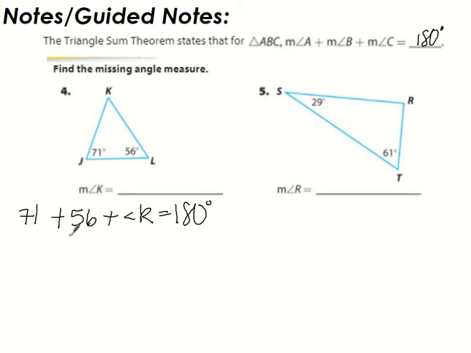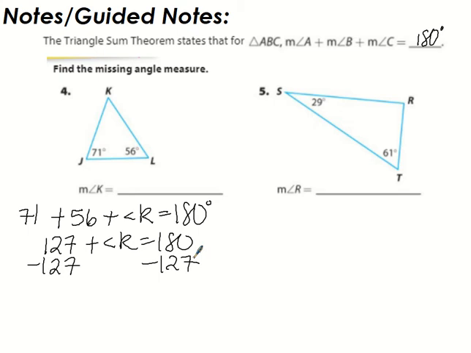You can subtract and then subtract, or the way I like to do it is to take the two measurements, add them together: 127 plus angle K equals 180. Then I'm going to subtract 127 from 180, and I get angle K equals 53. This is the way it needs to be set up.